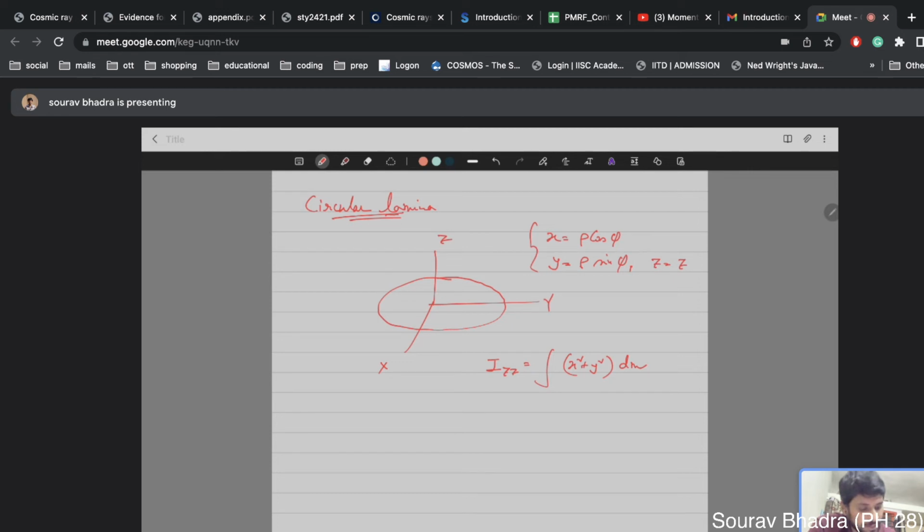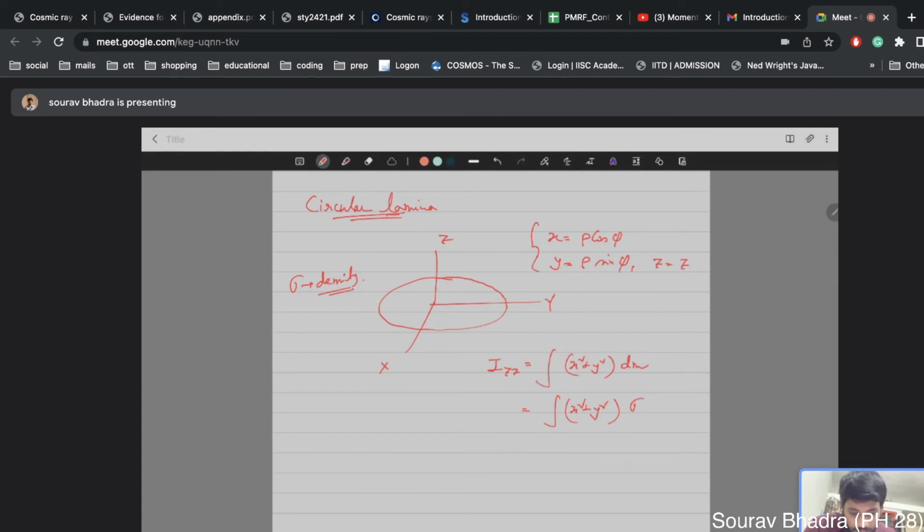So Izz is the integral of x square plus y square dm. Let the density be rho. No, we have used rho once, so let us use sigma. Okay, so sigma is the density.